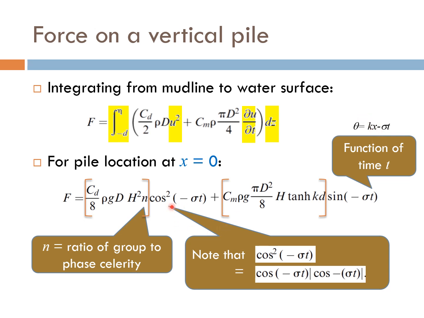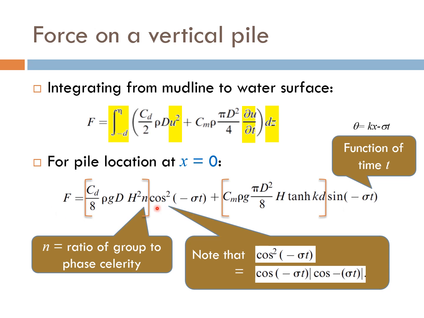That's why for the phase term we are only left with negative sigma t, meaning that the force will still be changing as a function of time due to the cyclic or orbital wave motion.